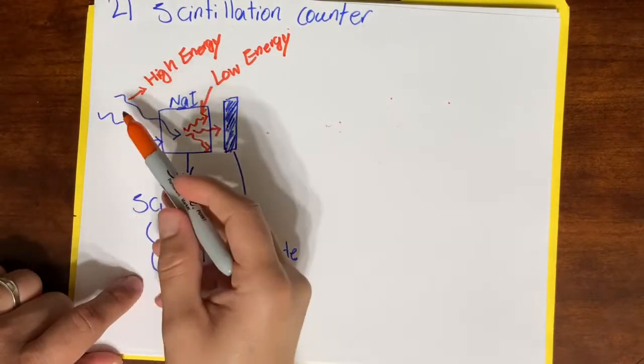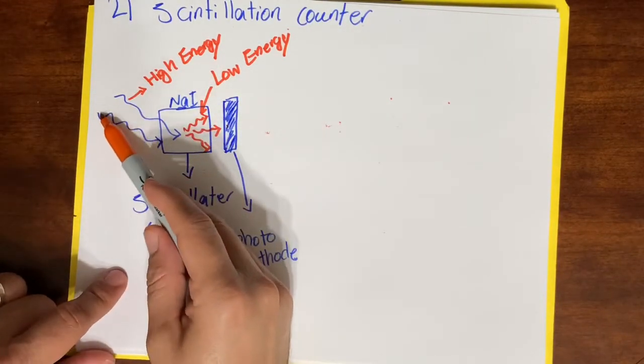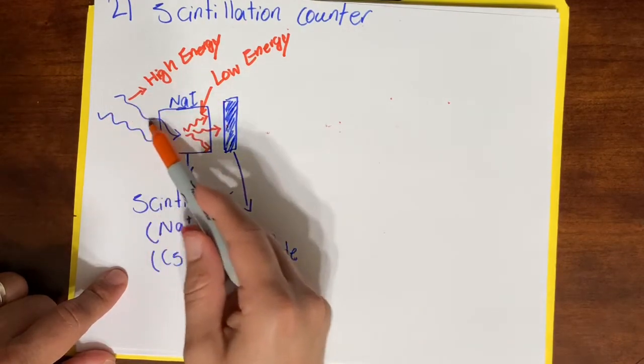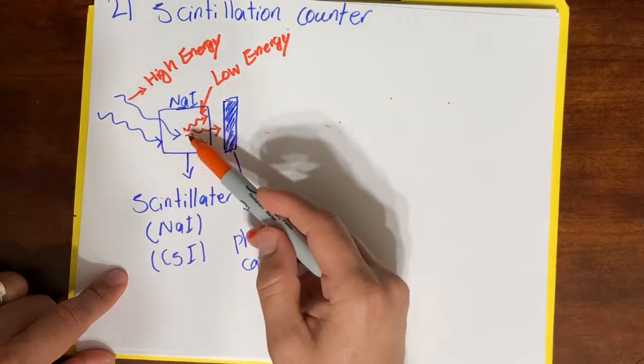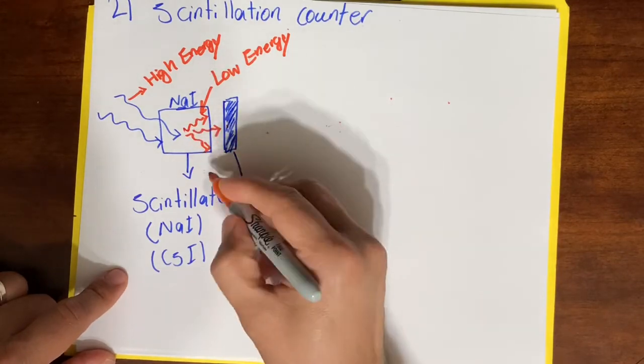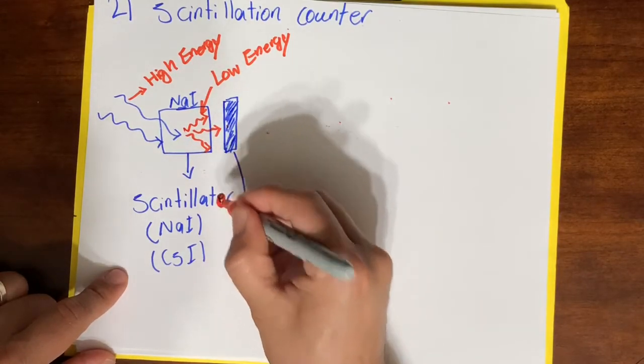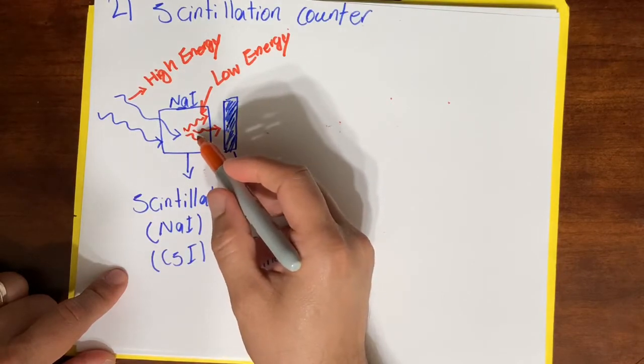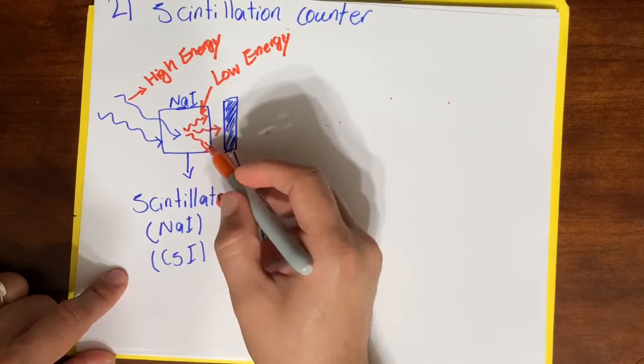So I'm going to go from the beginning. I start with high energy. There is radiation. Radiation is coming to the scintillator. Okay, scintillator, my bad.